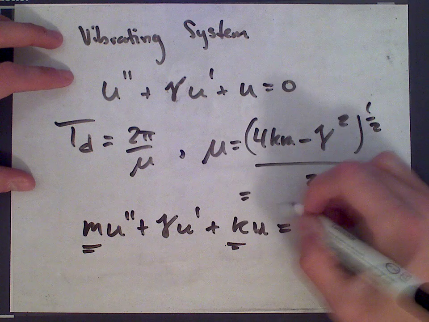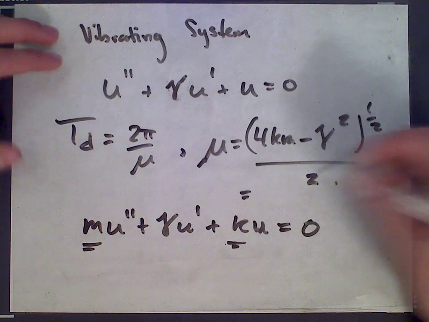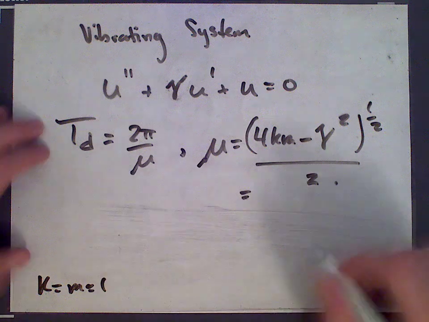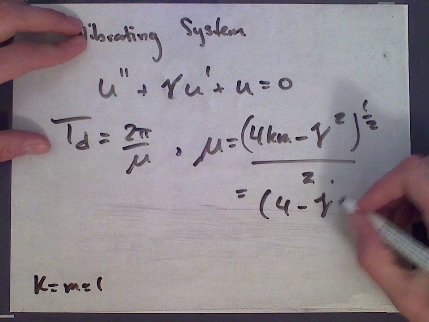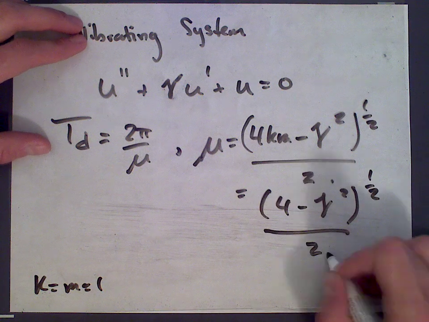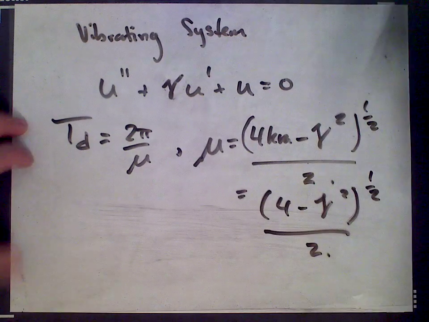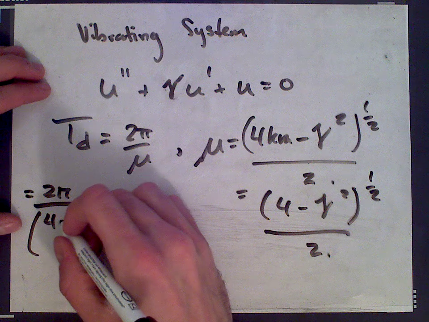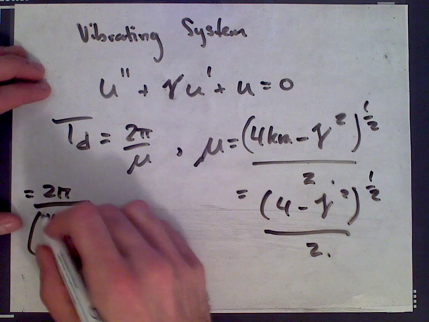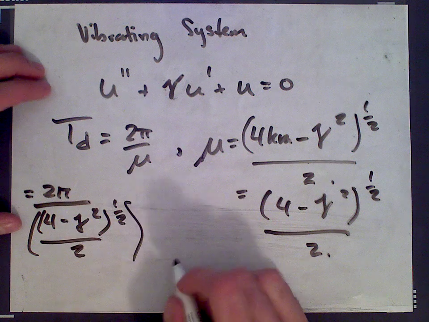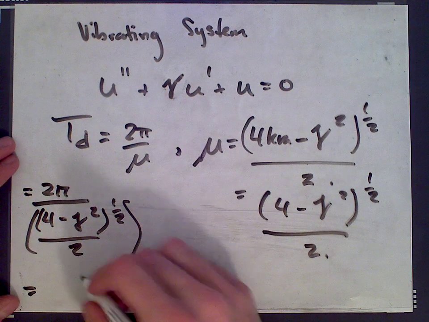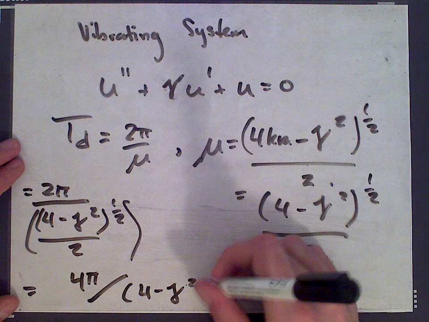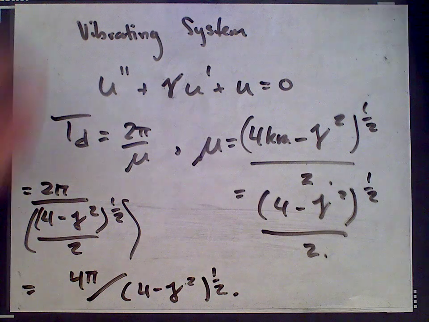So our mu, this is a Greek letter mu, is the square root of 4 minus gamma squared, divided by 2, which means our quasi-period is 2 pi divided by this, which is 4 pi divided by the square root of 4 minus gamma squared. That's the quasi-period.